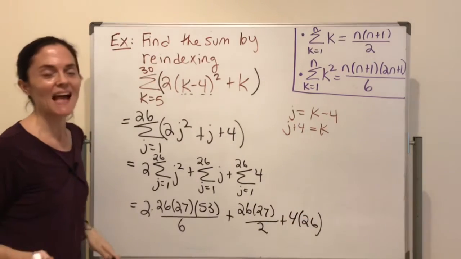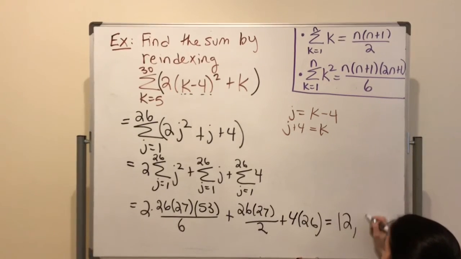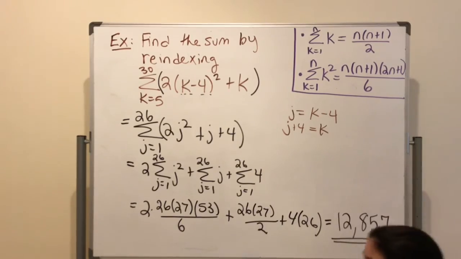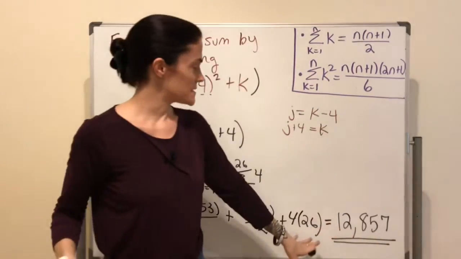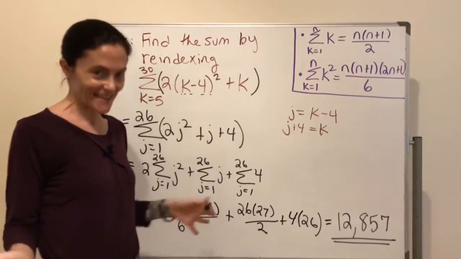And again, I would go to my calculator at this point. We get 12,857. So this is the value of the sum, and we calculated this by reindexing.